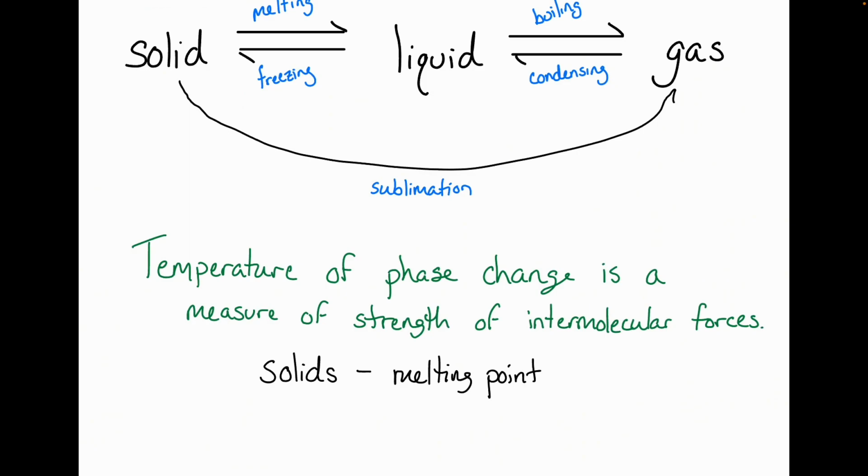Okay, by melting point, I simply mean that temperature that it melts. Okay, if it melts at a specific temperature, that's also the temperature that it freezes at. So these are interchangeable with one another. We can talk about the melting point of a solid or the freezing point. That temperature is the same.